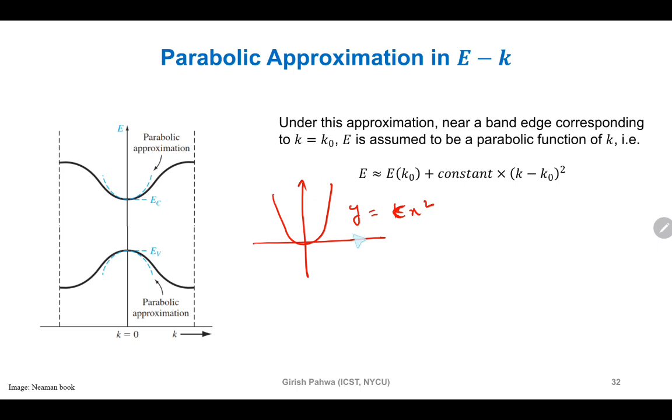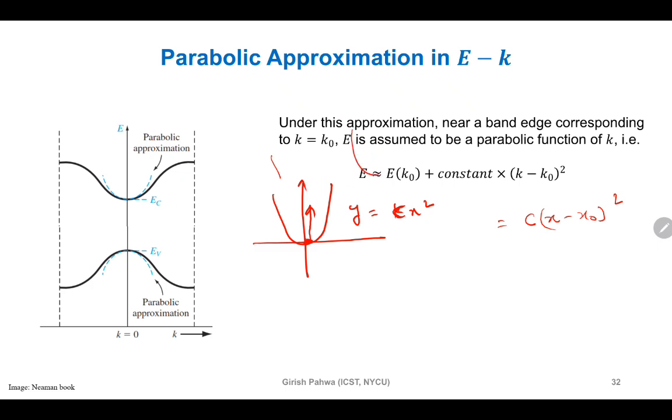In general, what if I want to just displace it? To displace a function, I replace x by x minus x naught. So this will be c into (x minus x naught) square. And in this, y equals 0 at x equal to 0. Say I also want to displace in this direction, so I want this parabola somewhere here.